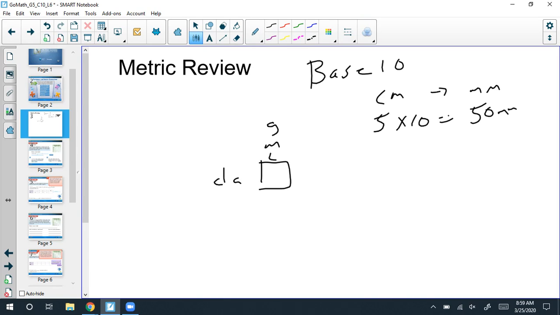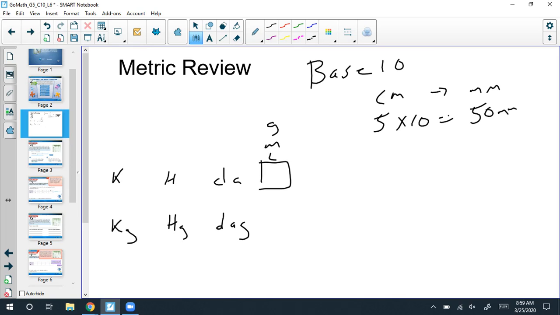So if we were working with grams, this would be decagrams. The next one over, which again is 10 times larger, is going to be our hecta unit, so hectagrams. And then finally we get over here to kilo, and this is a kilogram.